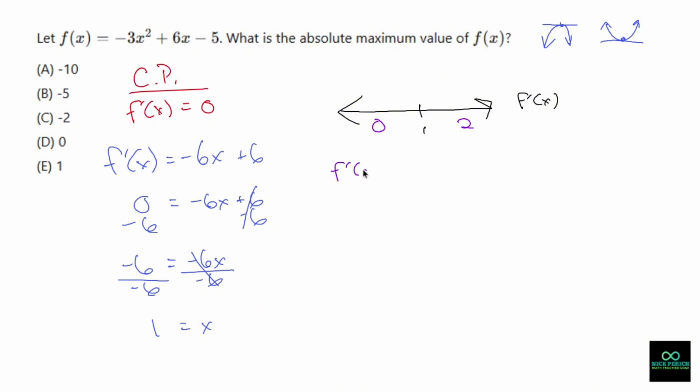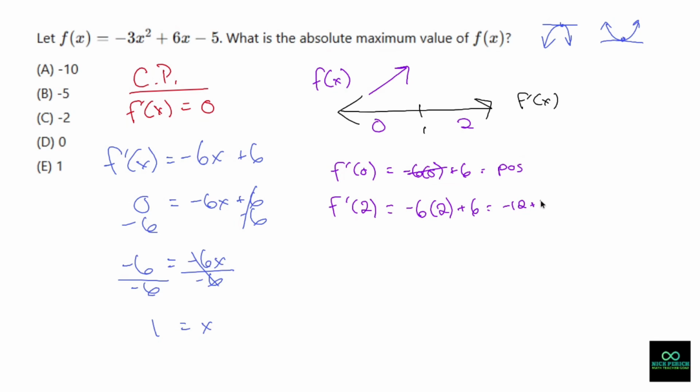So f prime of 0 would be me taking that equation right there and saying negative 6 times 0 plus 6 is going to be 0 plus 6, which is a positive number. So you're positive, which means f of x is increasing. Now we do it again. F prime of 2 is negative 6 times 2 plus 6, which is negative 12 plus 6, which is a negative number.